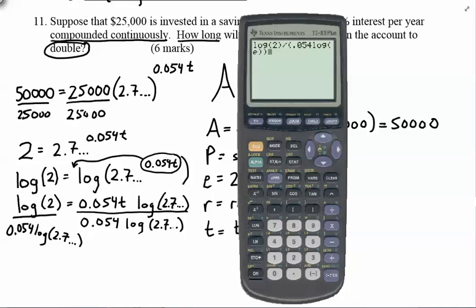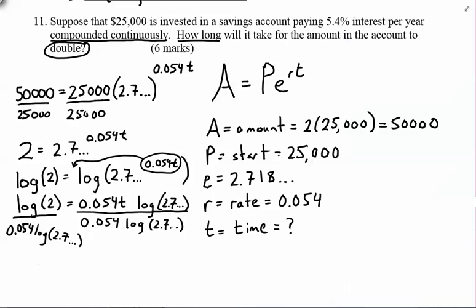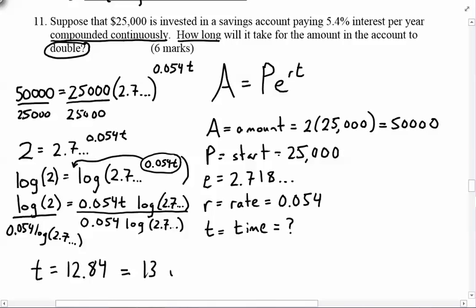And I get a time of 12.84 years. So altogether, it takes 13 years. So don't forget to write your answer as a full sentence. It takes 13 years for the money to double.